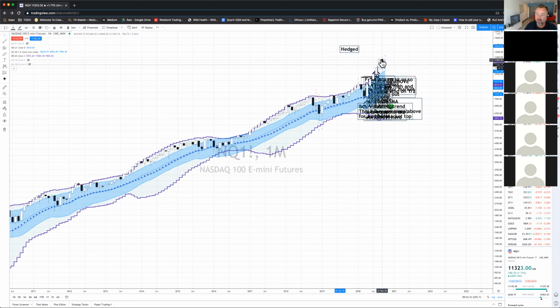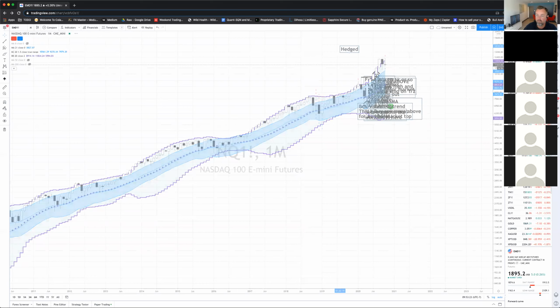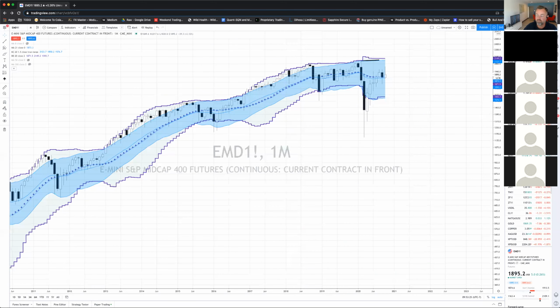April would have broken out, and now we would look for the VBO2 on the NASDAQ. So very little upside movement expected anywhere. And then when we get to the mid caps, we see the underperformance.